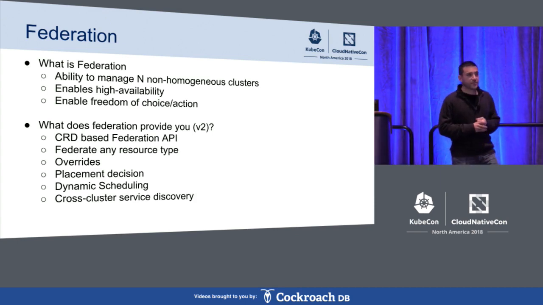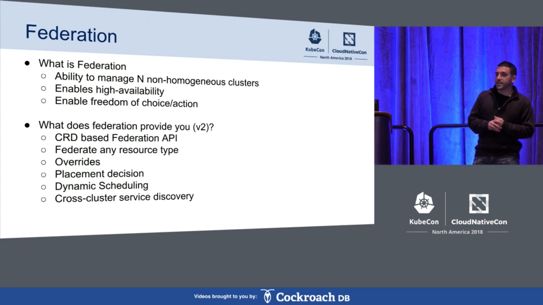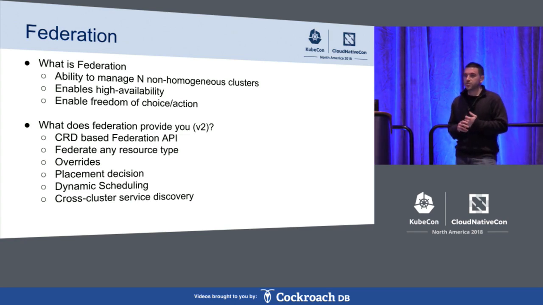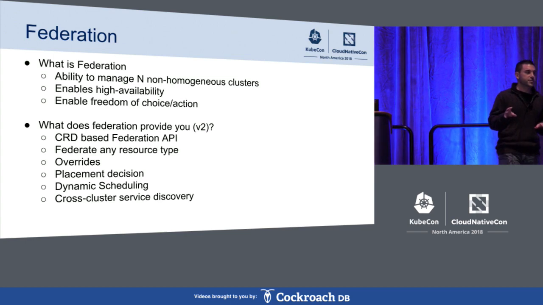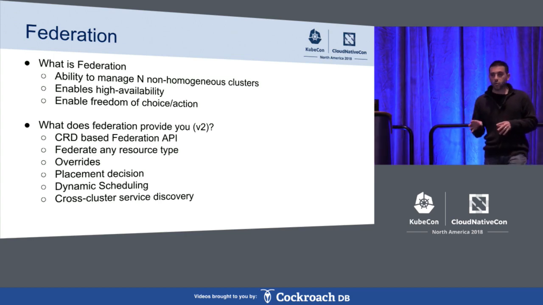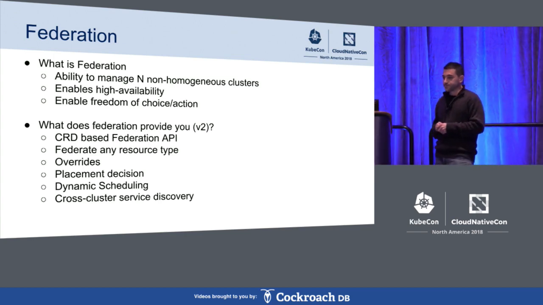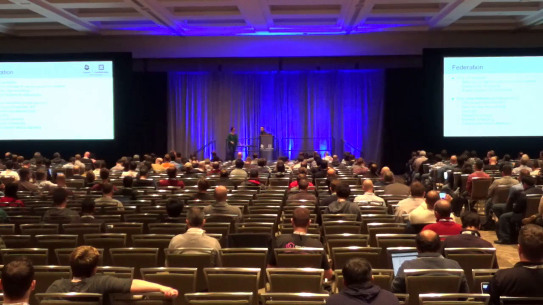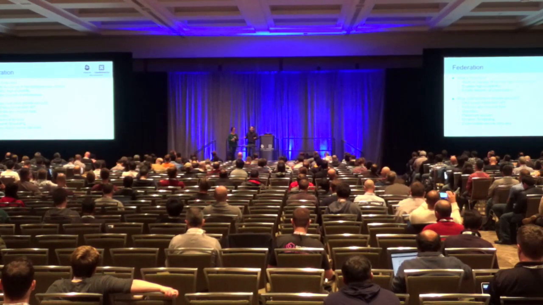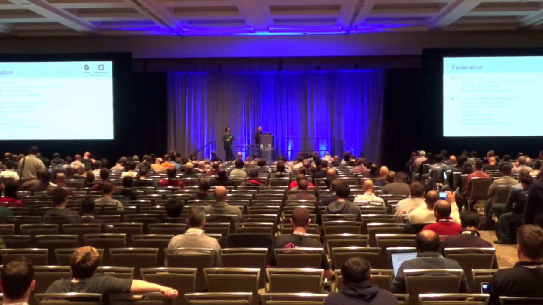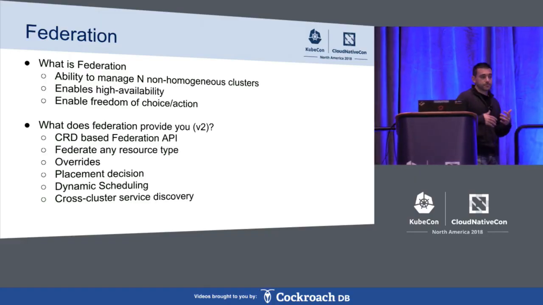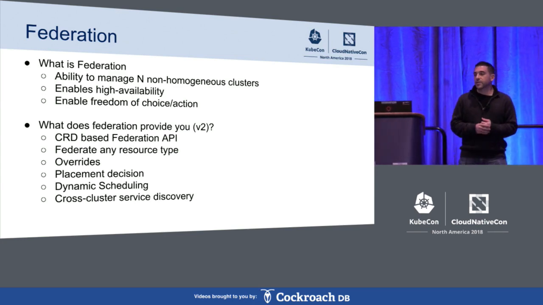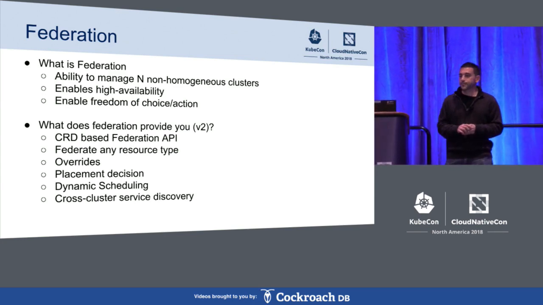It also enables high availability, and it does that by basically allowing you to distribute your resources onto different clusters, and so you don't have a single point of failure in any single cluster. It also enables freedom of choice, and basically it allows you to freely be able to move your application onto any cluster that you have, and it really reduces the burden to doing that.